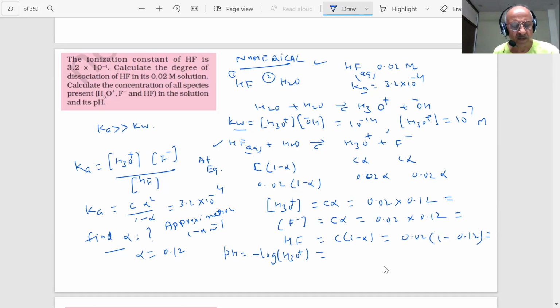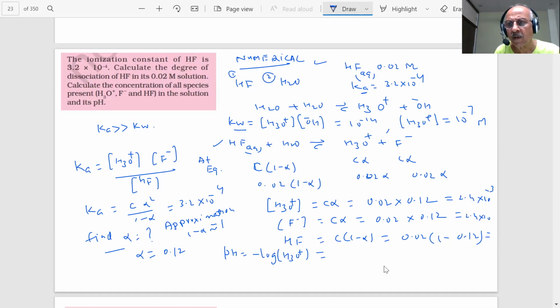What are the answers coming then? C alpha is coming to be 2.4 into 10 raised to power minus 3. The F minus value is the same.